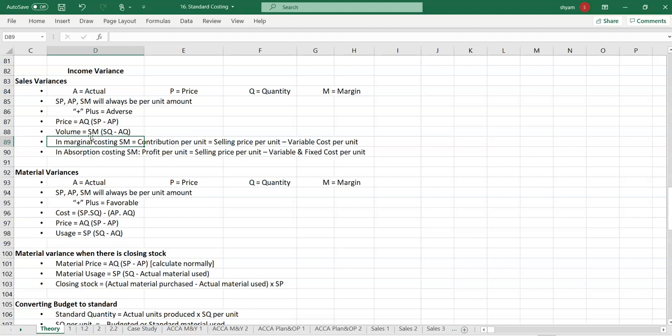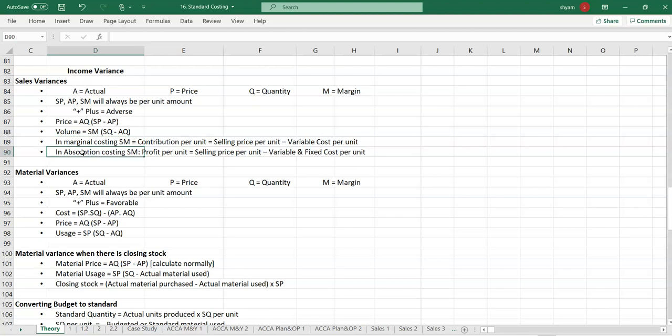What we want here is standard, so SM refers to standard. If we are going to work out marginal costing, all these numbers are standard numbers only. It's not about actual numbers. So contribution per unit equals selling price per unit minus variable cost per unit.